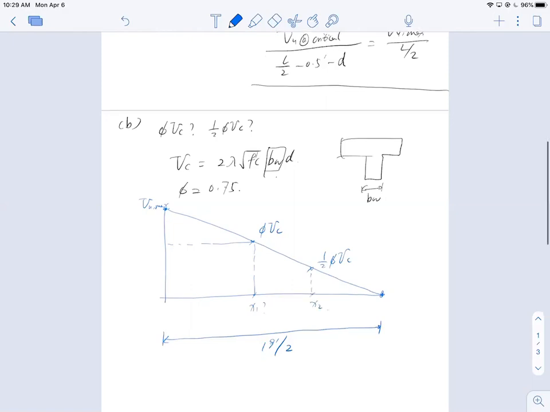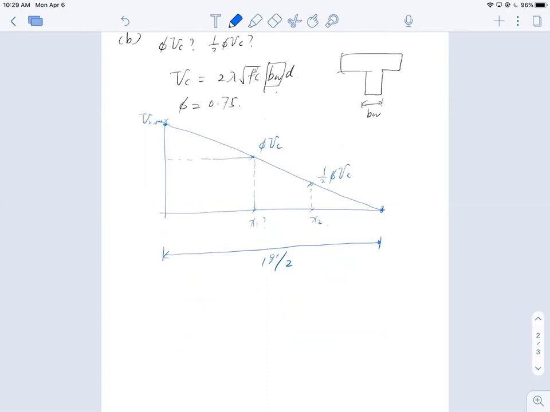In the note, I let the x-axis start from the left, but you can actually do the other way. It's actually easier to do it from the right.